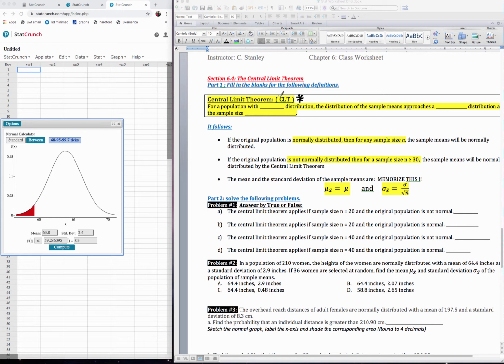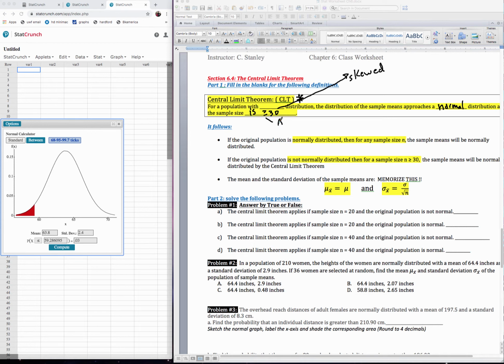For a population with a skewed distribution, the distribution of the sample means approaches a normal distribution if the sample size is at least 30.